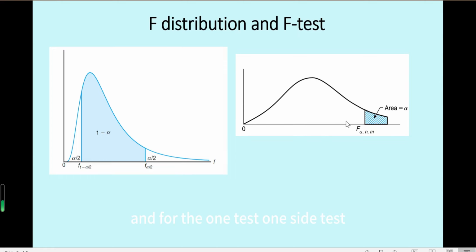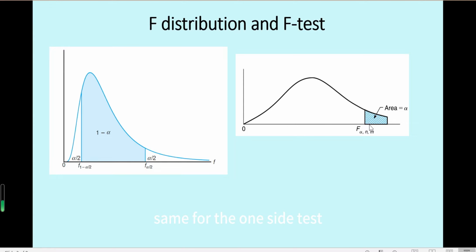And for the one-sided test, we will find that this critical value leaves alpha area to the right. So say alpha is 0.05, so this critical value is F 0.05. If the sample test statistic is located here or here, we say the test is significant.